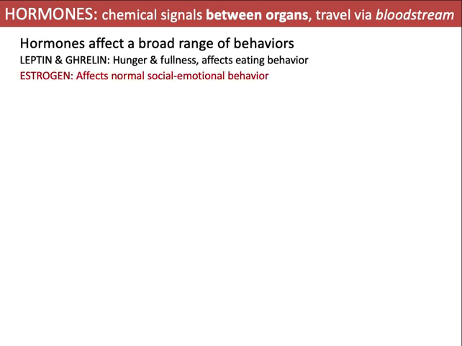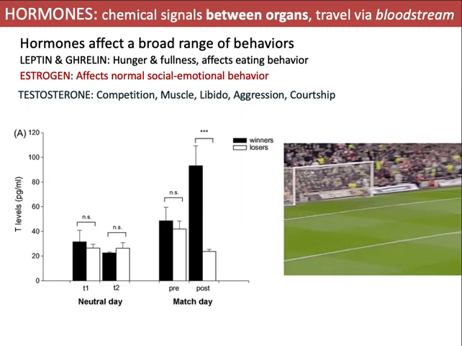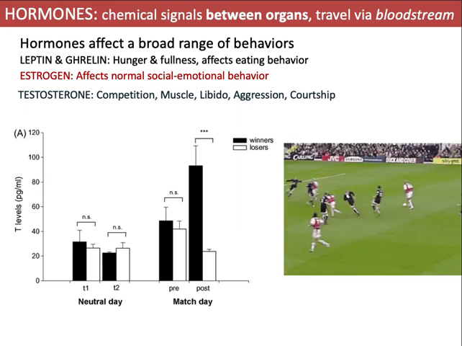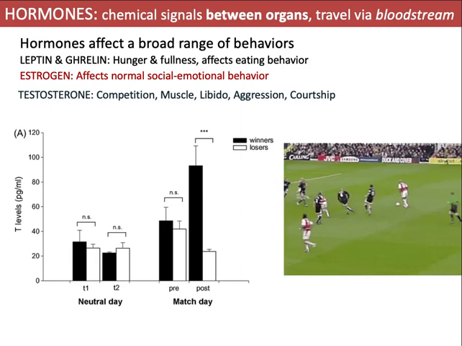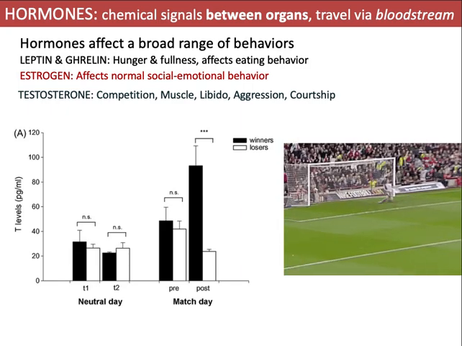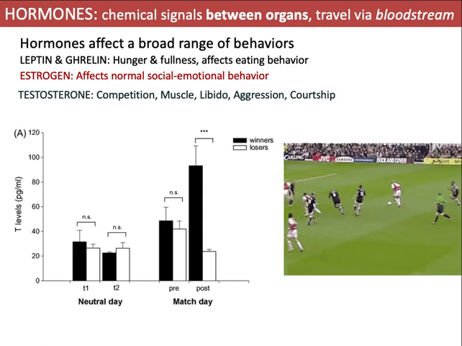Estrogen is another hormone that affects normal social emotional behavior. Testosterone is another hormone that is related to things like competition, muscle, libido, aggression, and courtship.